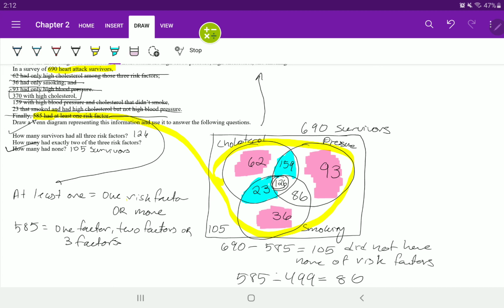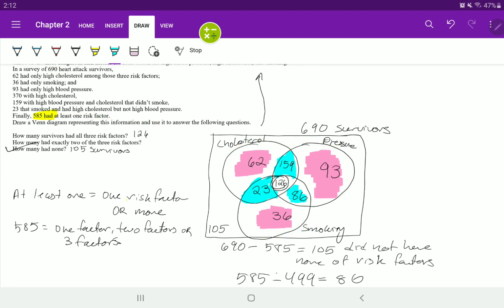And now I filled in my Venn diagram. My Venn diagram has been completed. And I already answered the first and last question. So now I can just answer question 2, the second question.